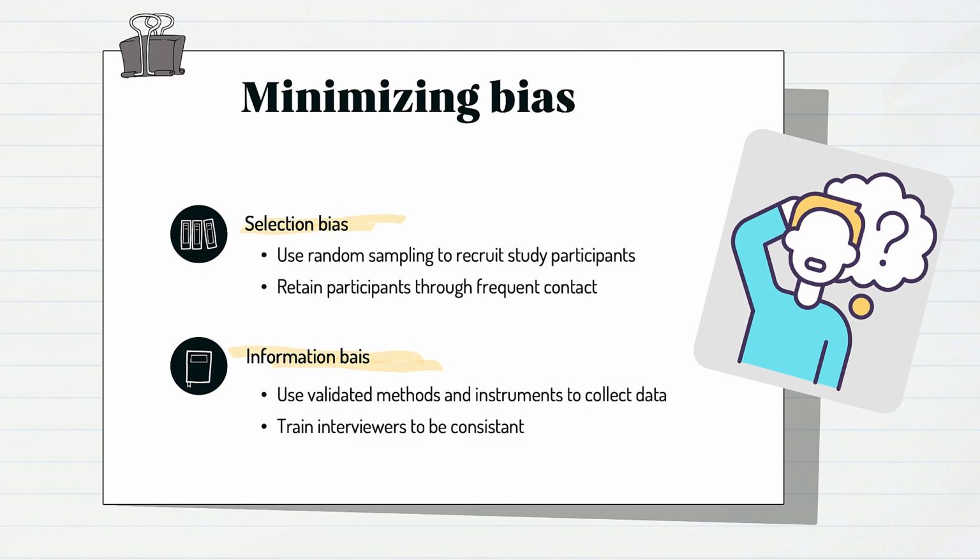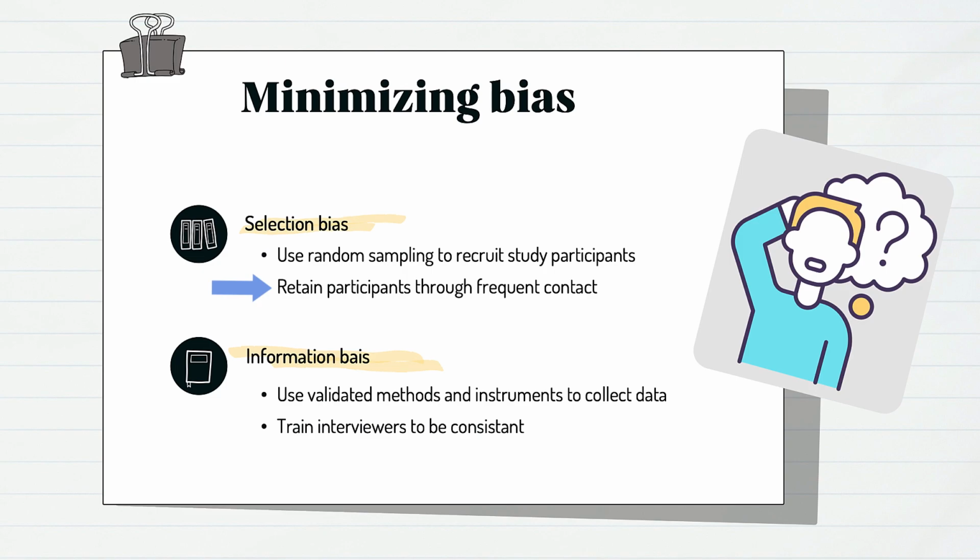There are several ways that investigators can minimize or eliminate bias. Regarding selection bias, investigators can use random sampling methods so that they recruit a random assortment of people from that source population. So the study population is then representative of the source population, and they can work on retaining participants who have already agreed to be in the study over a follow-up period, perhaps by initiating more frequent contact.